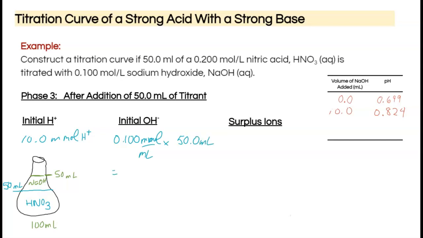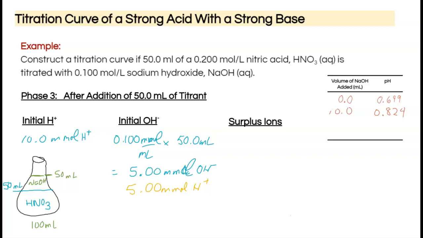So that's going to give me a grand total of 5 millimoles, right? And so that is how much hydroxide I'm going to have added, which will be able to neutralize 5.00 millimoles of hydrogen ion, right? So let's look at my surplus.